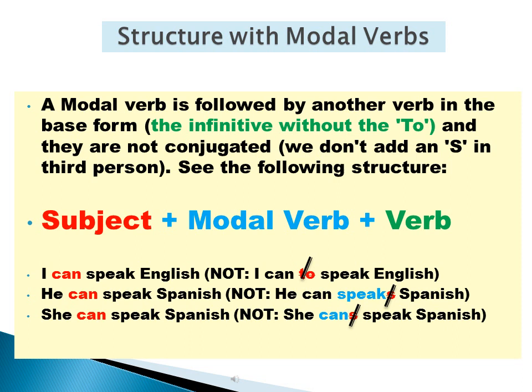For example, I can speak English. وما يمكنش نقولوا I can to speak English. This is wrong. He can speak Spanish. يعني يمكنه تكلم إسبانيا. We can't say, for example, he cans speak Spanish.